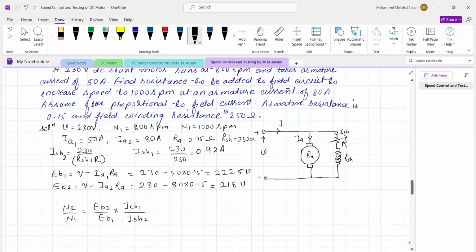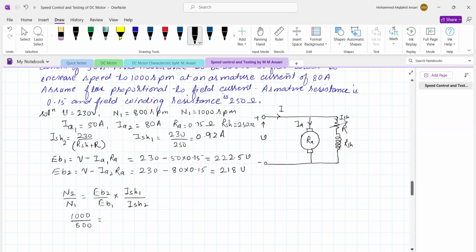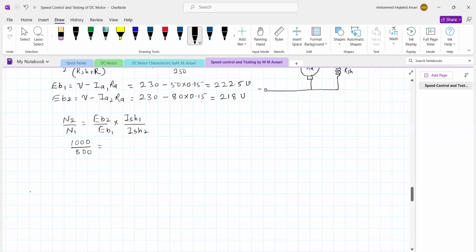We don't know the value of ISH2, so it is possible to calculate it. So N2 is equal to 1000 rpm divided by 800 rpm, equals EB2, 218, divided by 222.5, into ISH1.